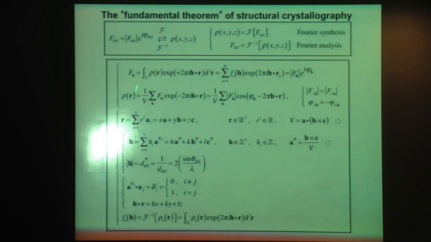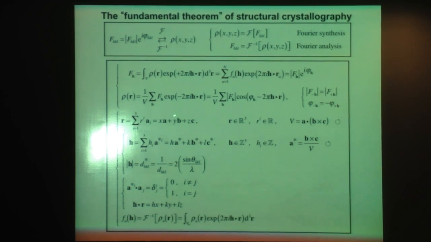So the position vector in crystal space is a sum over the three components, each component times a unit cell translation. So x times a, y times b, and so on. X, y, and z range from values of 0 to 1 over the unit cell, and a, b, and c are whatever they are for this crystal of interest.